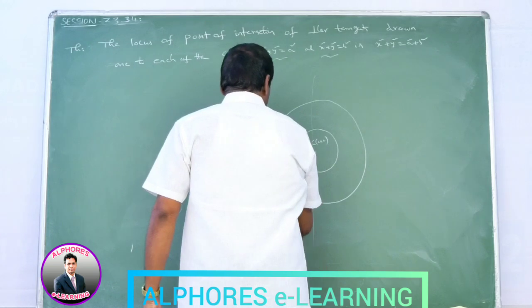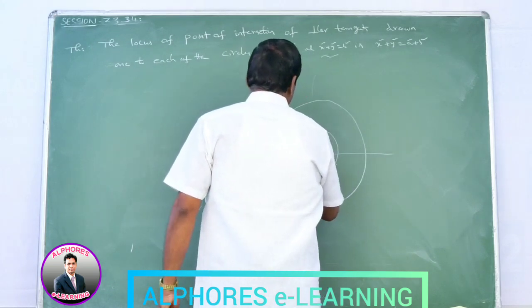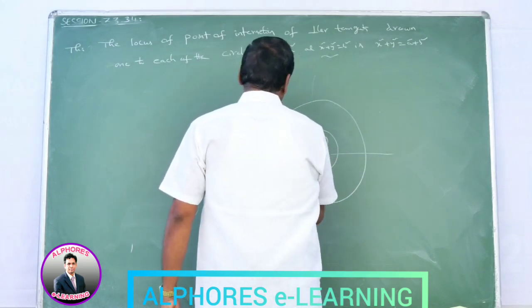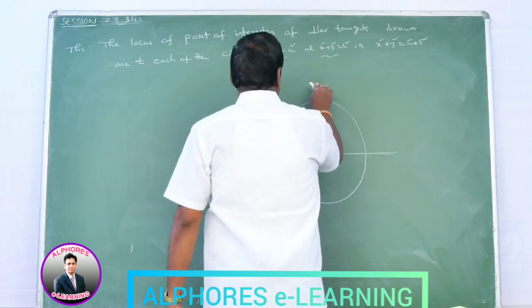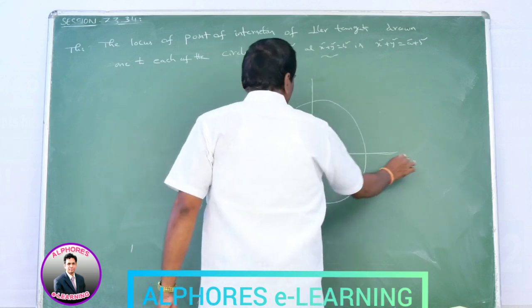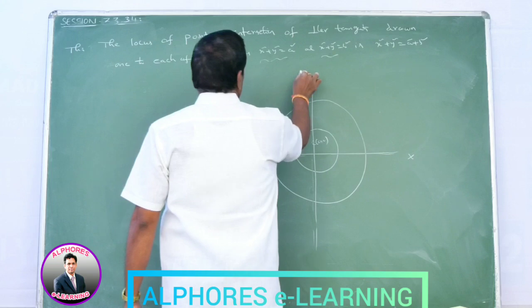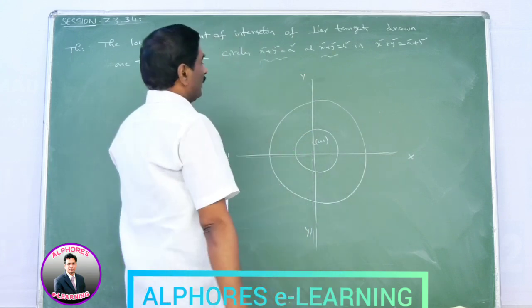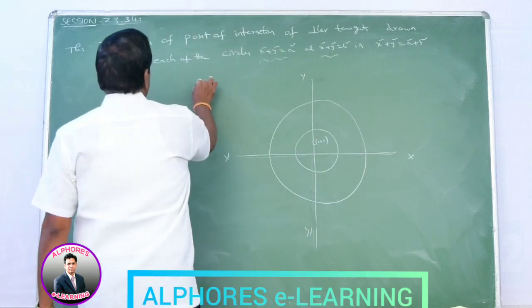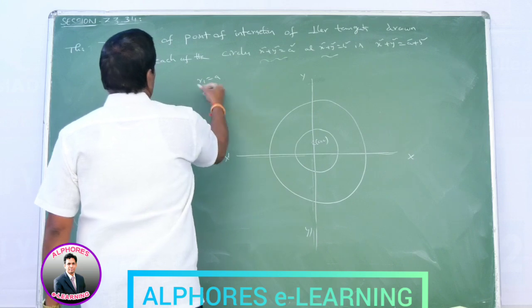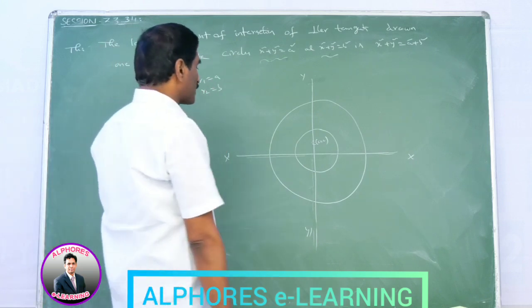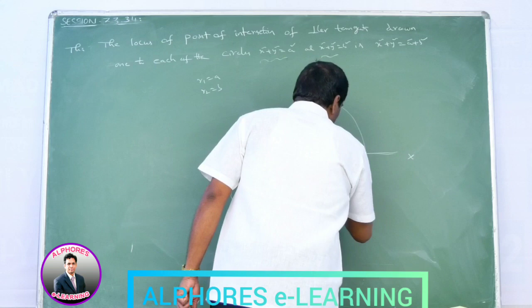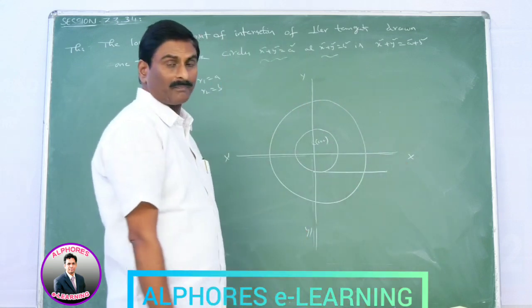This is the x axis, this is the y axis. Let a be the radius of the first circle, R1 is equal to a, and R2 is equal to b, the radius of the second circle. Suppose one of the tangents is in this way.